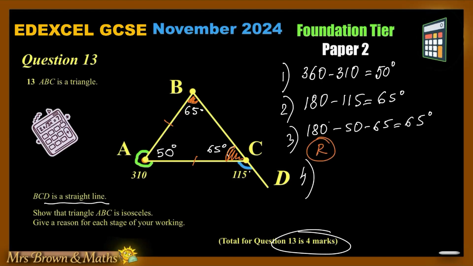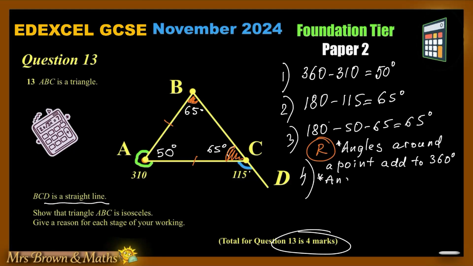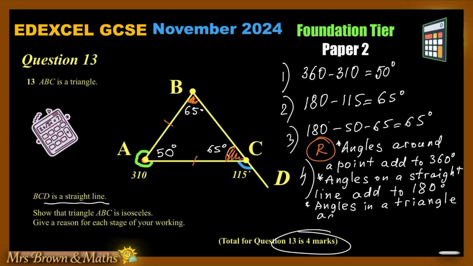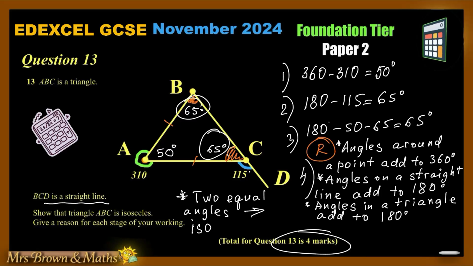So 180 take away 50 degrees and 65 degrees is 65 degrees. 65 and 65 means two equal angles. Isosceles triangle. Please don't forget to write down in your exam paper all reasoning in full sentences. Otherwise, you will lose your exam marks.